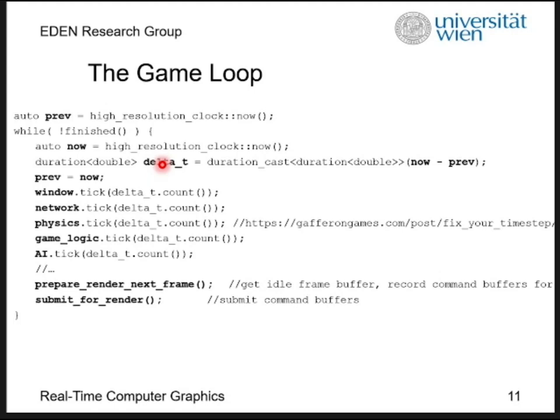Then you have a new game state and you want to render the situation. So you want to make a snapshot of the game world, which means that you want to render the next frame. So you somehow have to prepare the rendering.